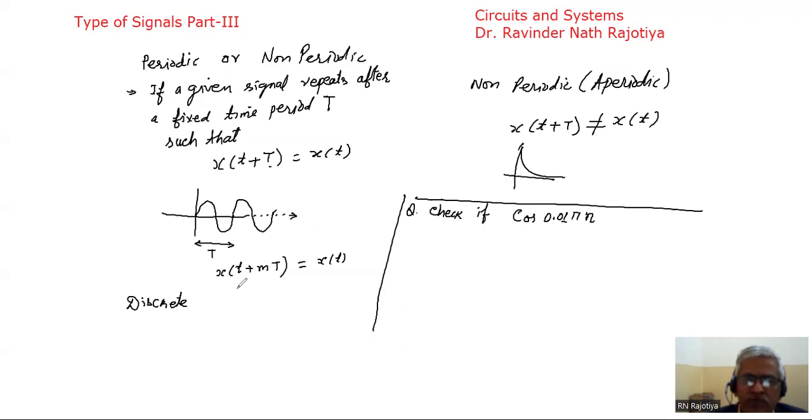The only difference is that if it is periodic, it has to repeat the pattern. So in the discrete-time domain, you will have x(n + mN) = x(n).